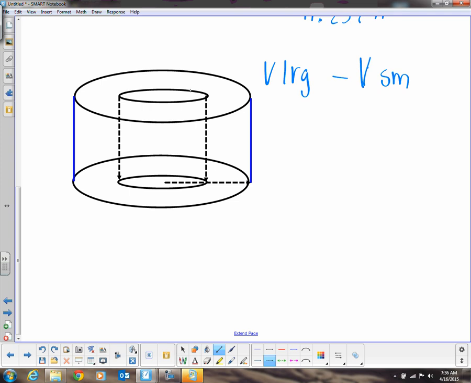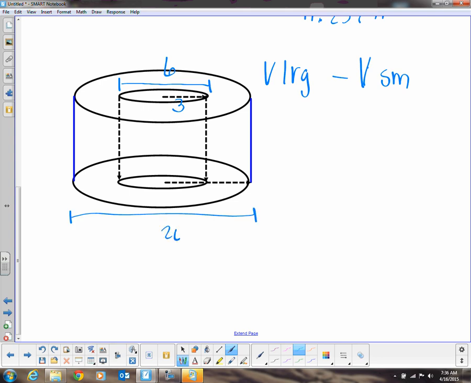There's the radius of the large, and this is the radius of the small. All right, so they told us that the distance from here all the way over to there was 6. What is this distance? 3. They told you that the distance from here all the way over to here was 20. So what is this? 10.